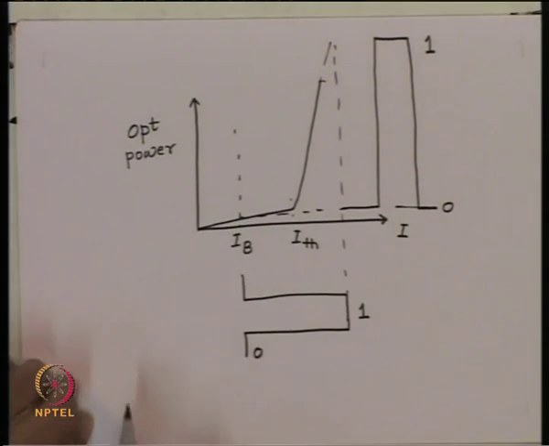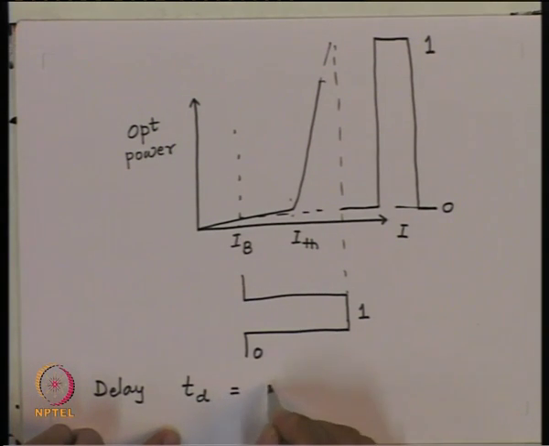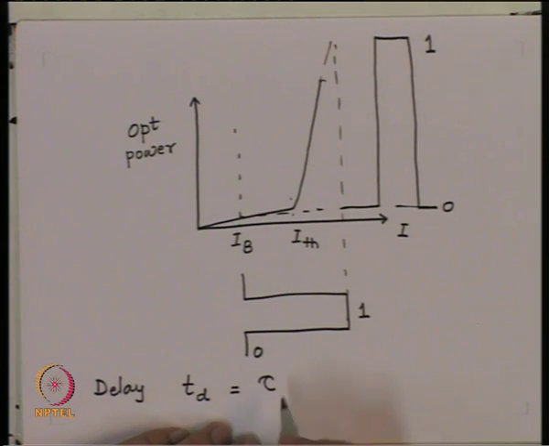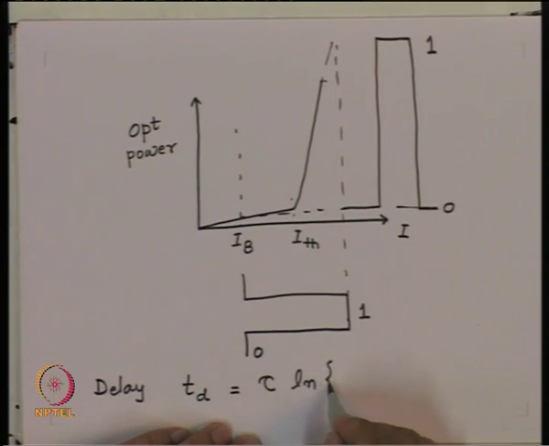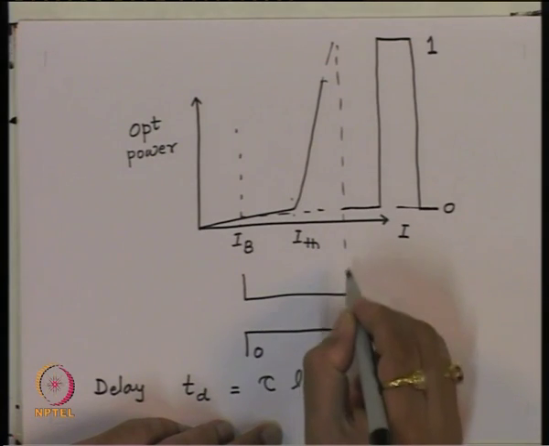So, this delay in the switching action, or getting the device into lasing action, is given by, let us say TD is the delay, that is equal to the lifetime of the photons ln log of the peak current, which is this current.